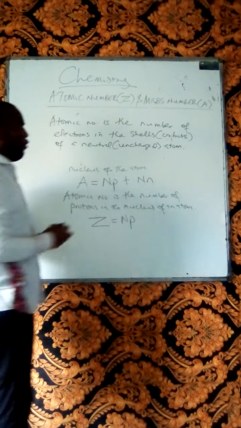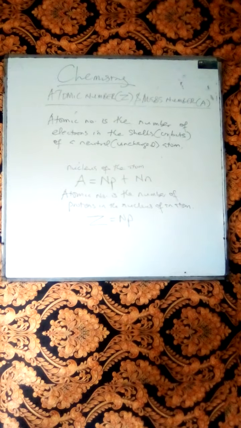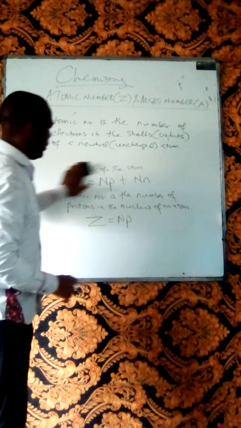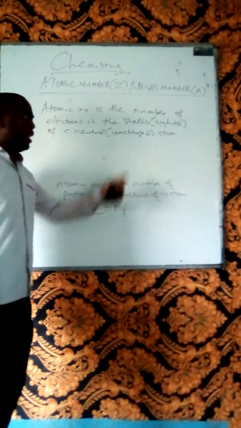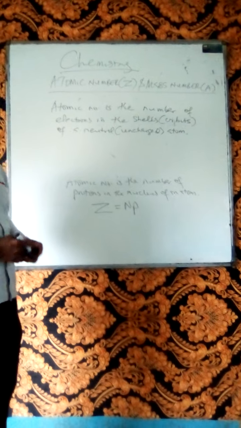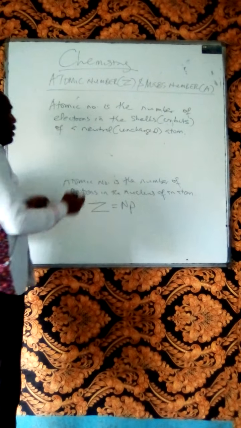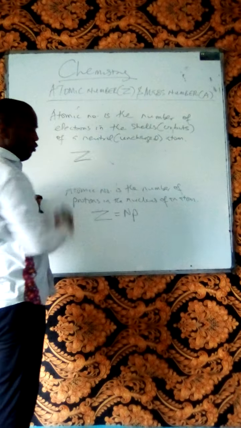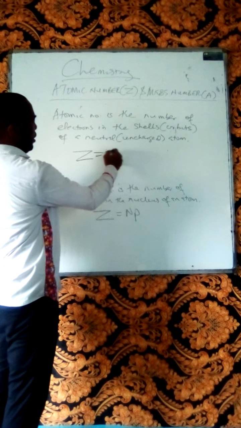So this is another way of defining atomic number: the number of electrons in the shells, also known as orbits, of a neutral atom. So we can say that atomic number by formula is Z equals Ne.